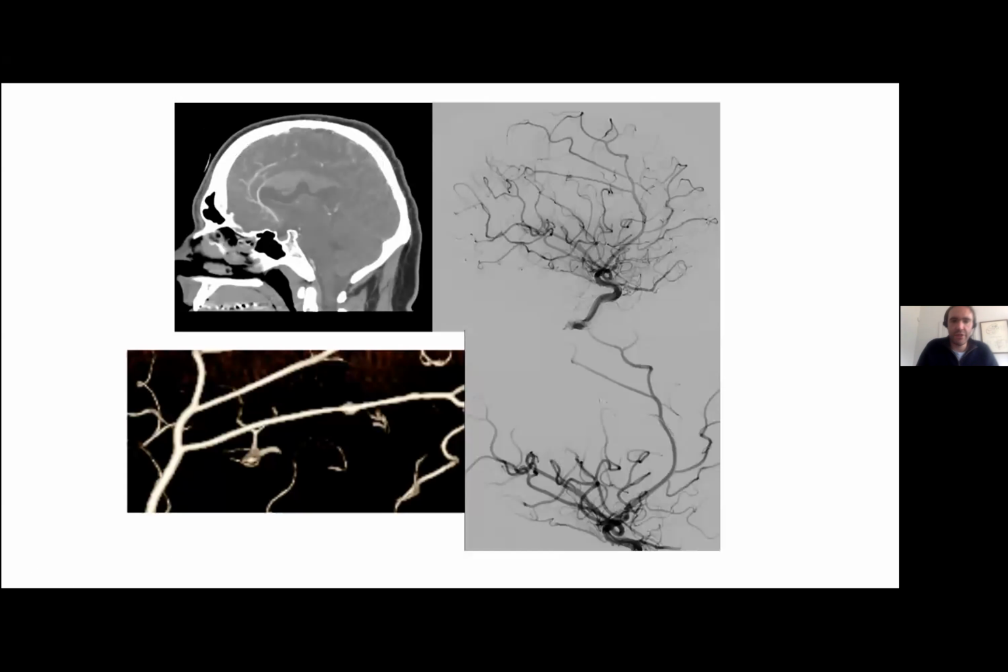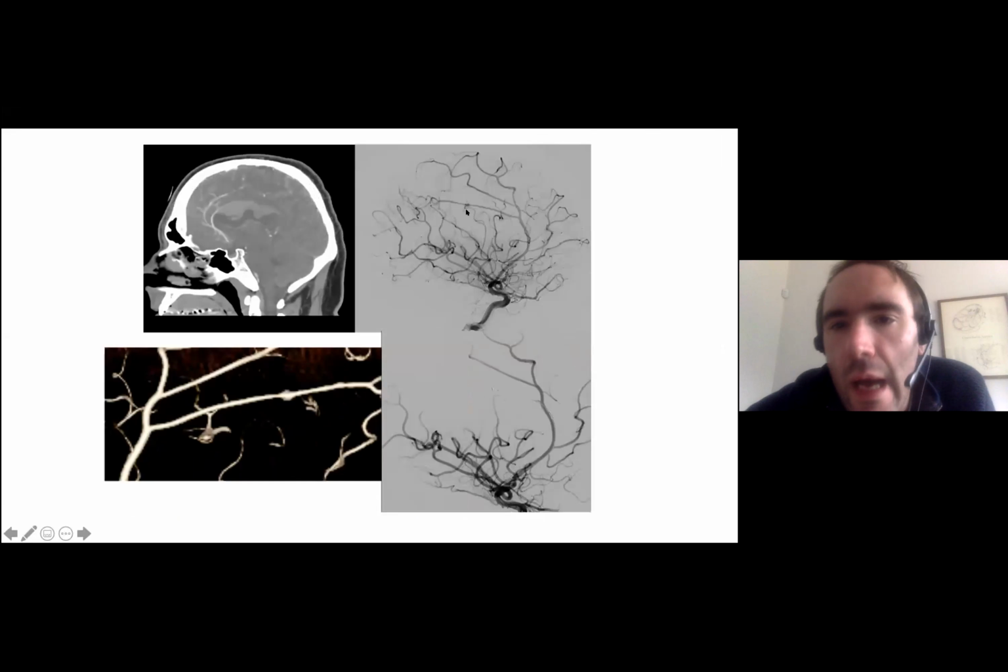This is another patient, a different patient, who presented at the end of last year at Salford. He was a young man who presented with this pericallosal hematoma, an unusually shaped bleed.